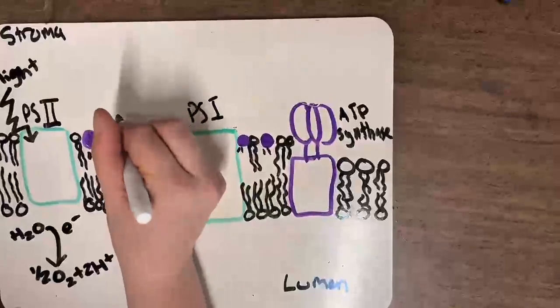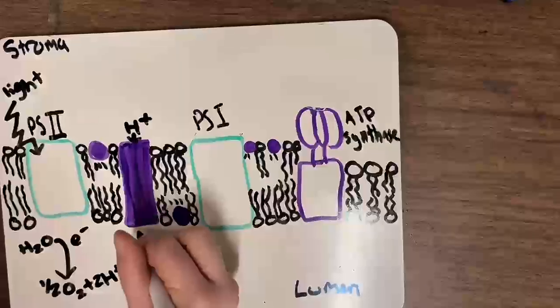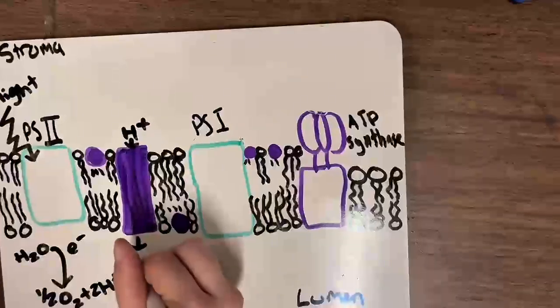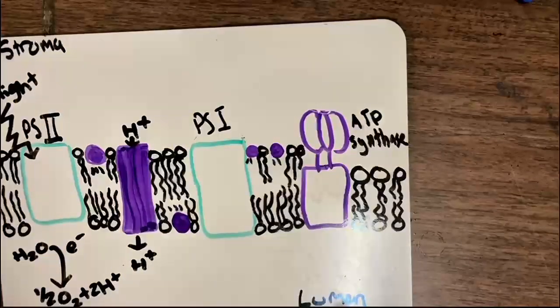Electrons leave photosystem 2 and travel down the electron transport chain towards photosystem 1. Now, hydrogen ions are pumped via transport across the thylakoid membrane into the thylakoid, creating a positive charge.